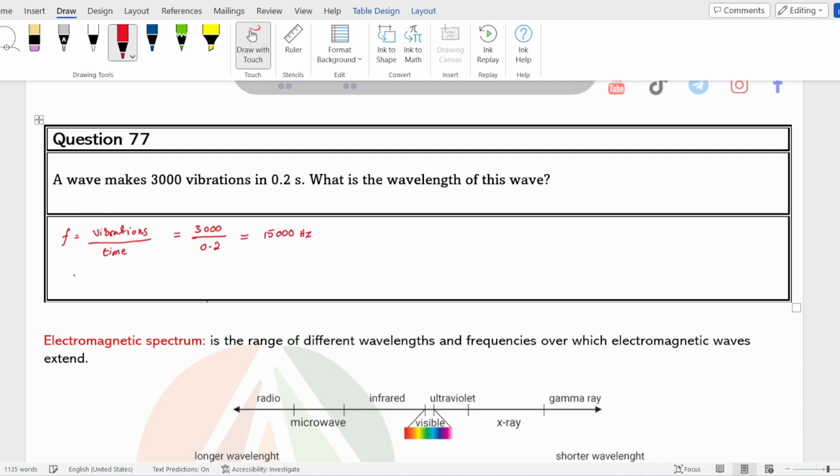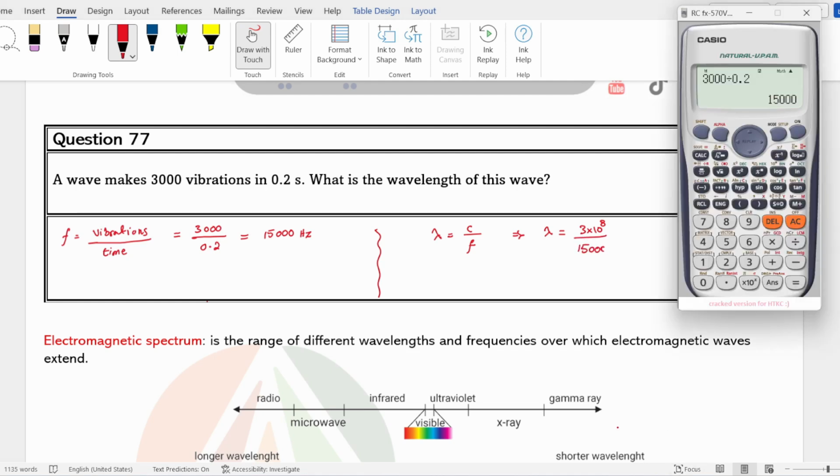Then from there we can use lambda. Lambda equals the speed of light c over f. نعوض. الآن we want to find the wavelength, so lambda is unknown. c is equal to 3 times 10 to the power 8 divided by the frequency, which is 15,000.